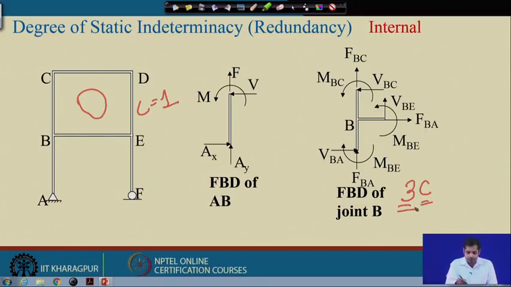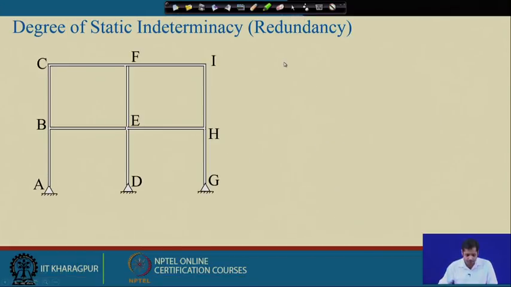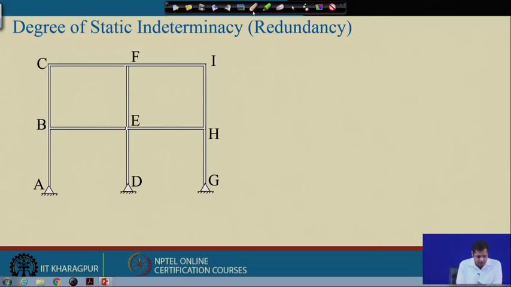Now, take a few more examples. If we apply the same concept here, what is the external indeterminacy? You see here we have 2 forces, here also 2 forces, and here also 2 forces. So, there are a total of 6 unknowns, and we have only 3 equilibrium equations.